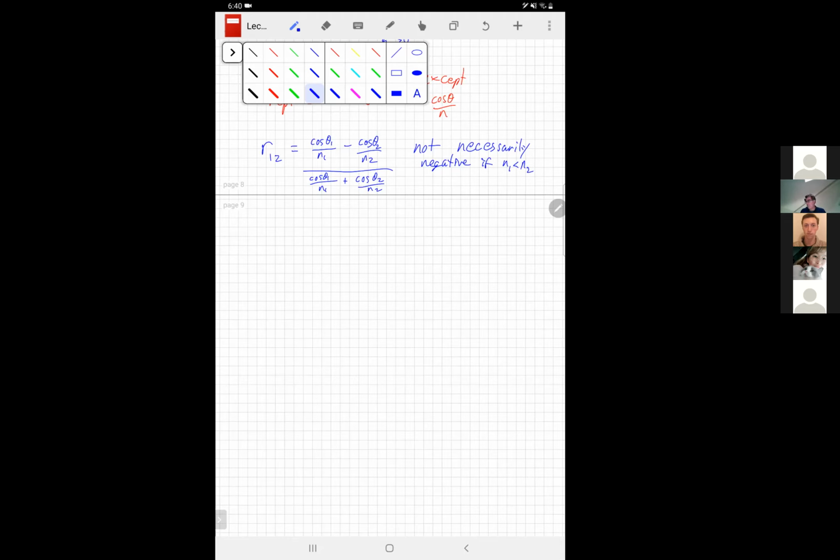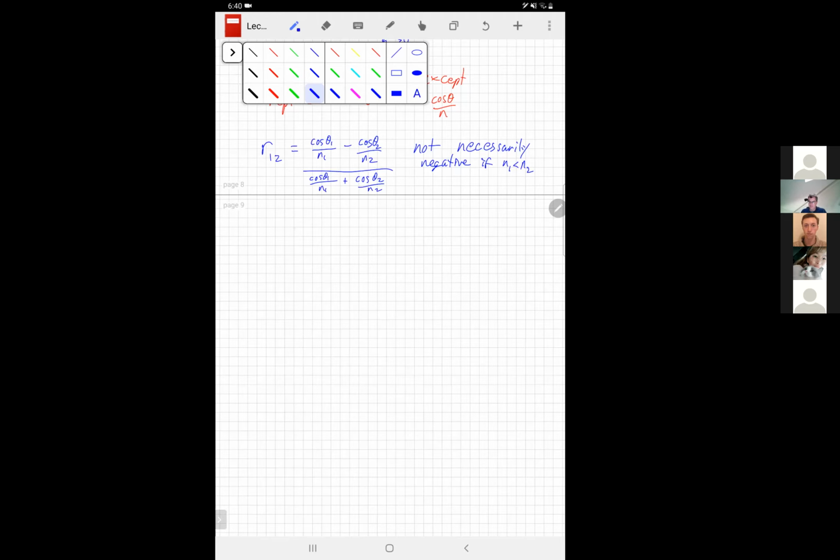So a small n1 is a big 1 over n1, and a big n2 is a small 1 over n2. So everything gets a lot more complicated there. That's one reason why this polarization doesn't always obey the same conditions as the other polarization. It doesn't always obey the rules that we laid down so far.